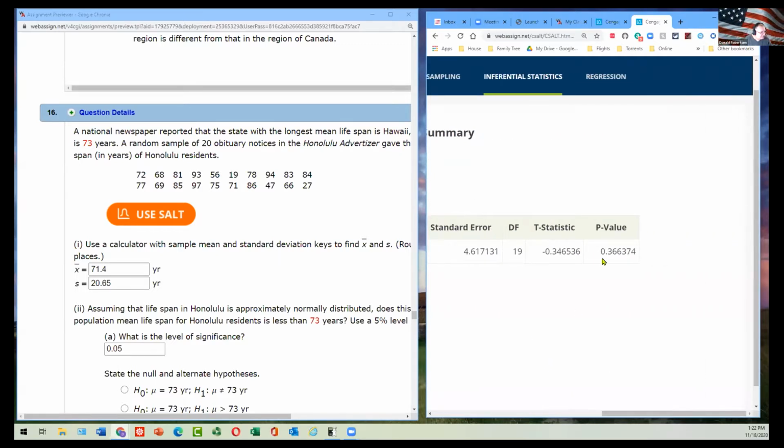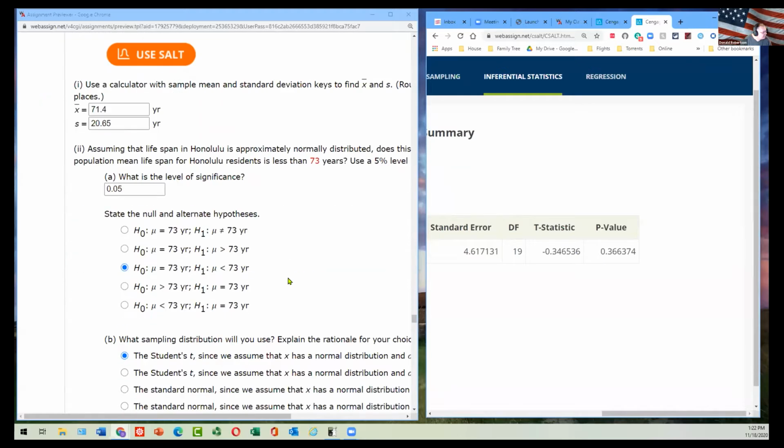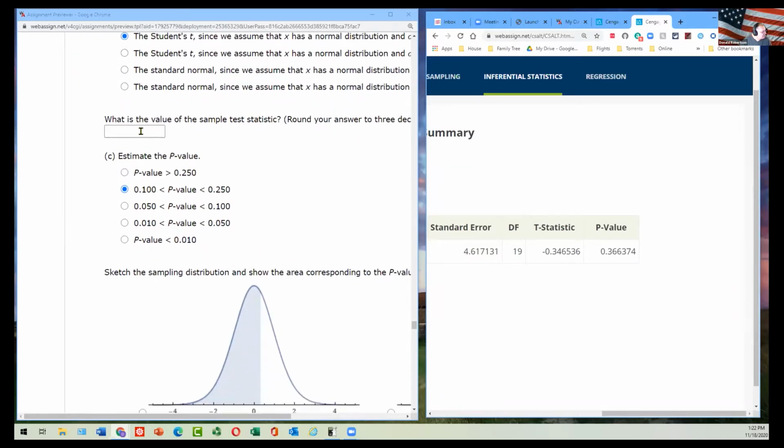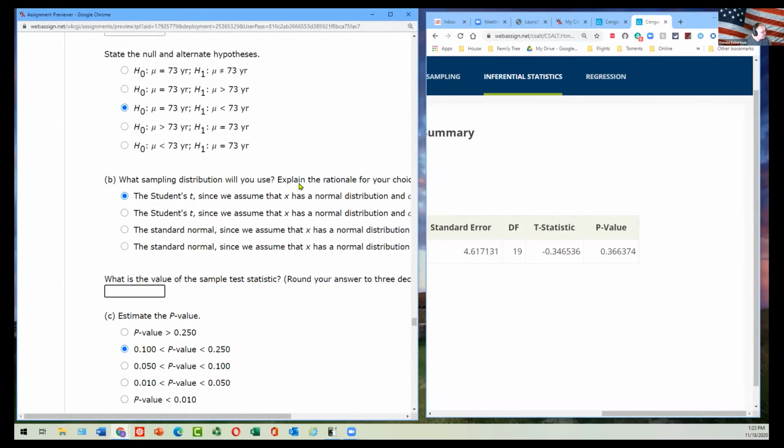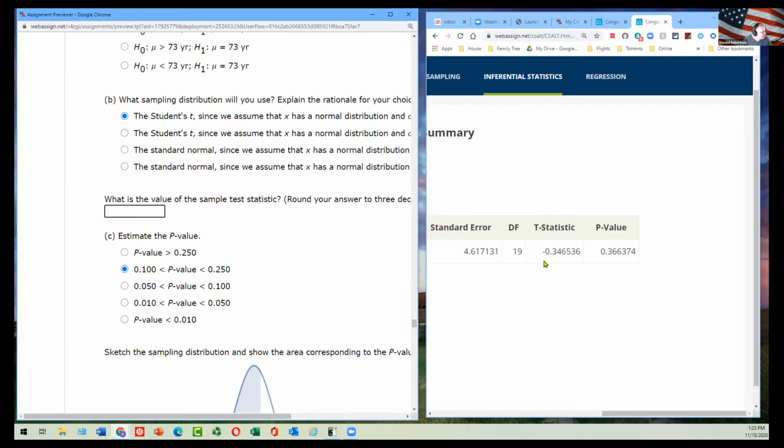There's my t statistic, there's my p-value. In here, I put, hope I'm in the right question now, the sample statistic, which is this guy.